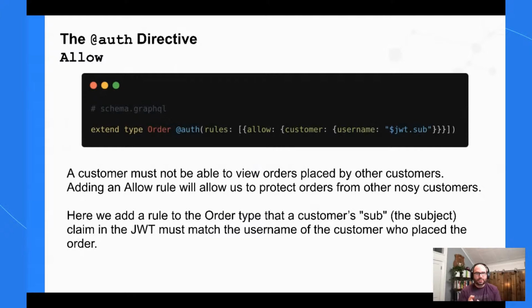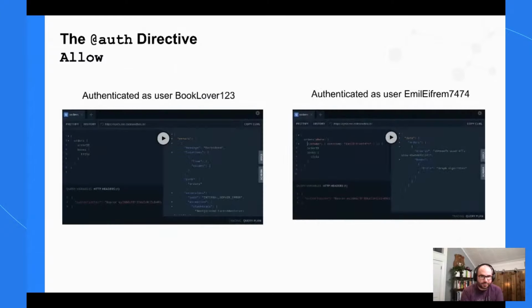So in order to view an order, your jwt.sub, so the sub claim, this is the subject, this is like the identity piece of the payload. This would be like the user ID or something like that. So a user can only see their own orders is what this rule is saying.